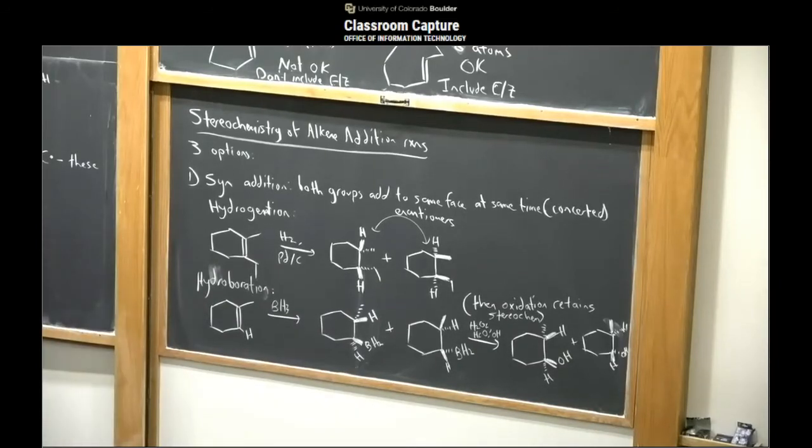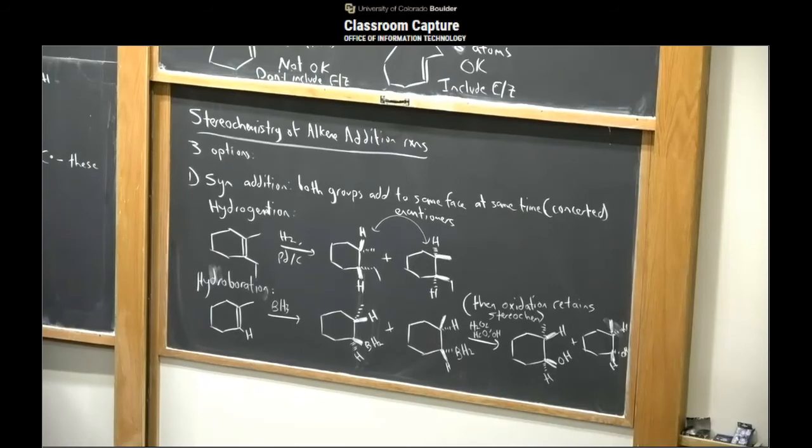Okay, so let's do anti-Markovnikov just so we can keep track of it, because we're actually making two asymmetric carbons out of this. So if we did HBr and peroxides here, we could have bold H and dashed Br, which means we'd get a dashed methyl there.